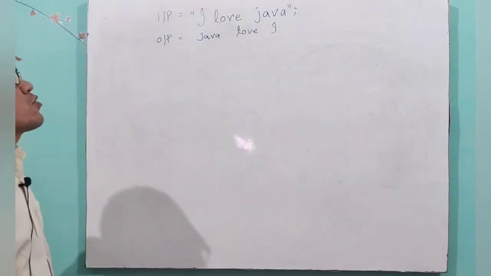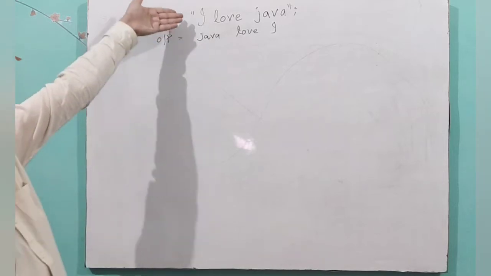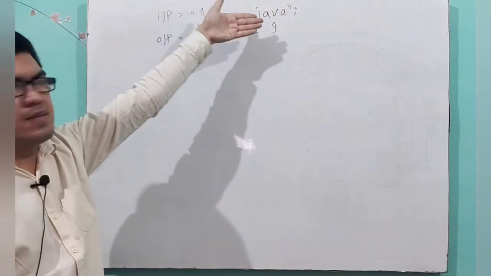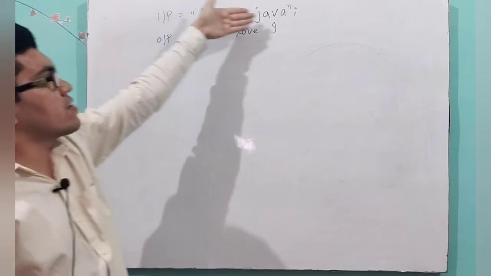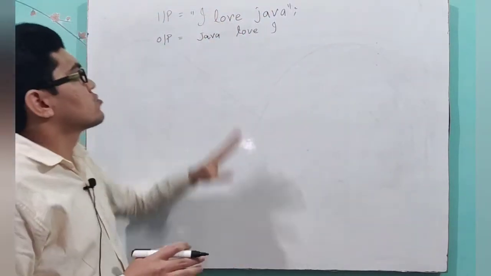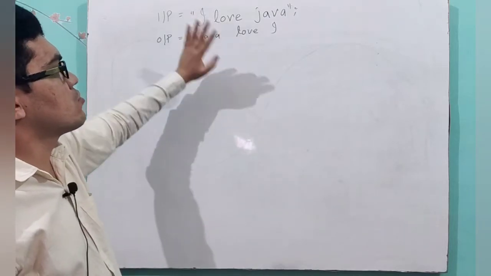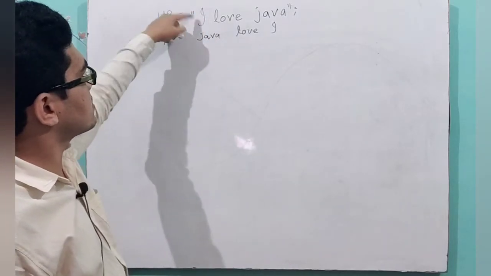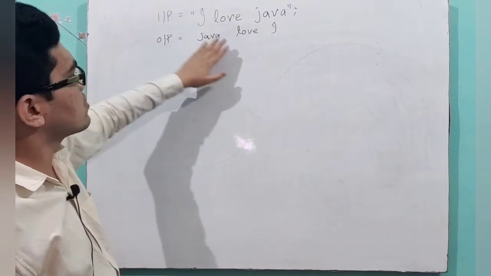So this is my program: whatever string or sentence I have given, the sentence will be printed in reverse order. So this is my question. If the input is this, I want to print the output this.